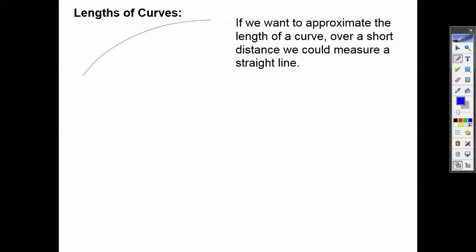Okay, probably get a piece of string and try to lay it along the curve, right? And then take that piece of string, straighten it. That's the key to this. Straighten it so we can measure. In other words, all we can really measure are straight distances, right? Straight lines, not on a curve.